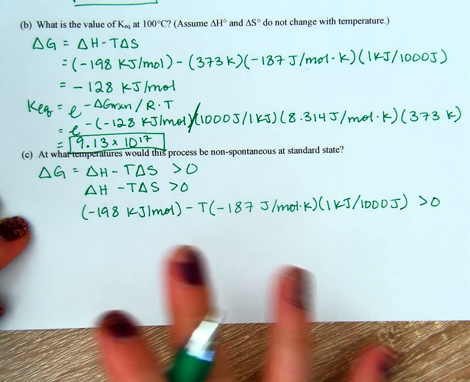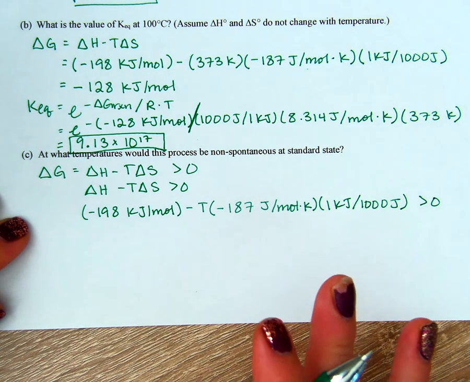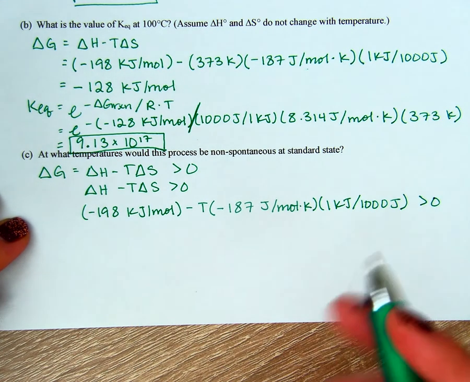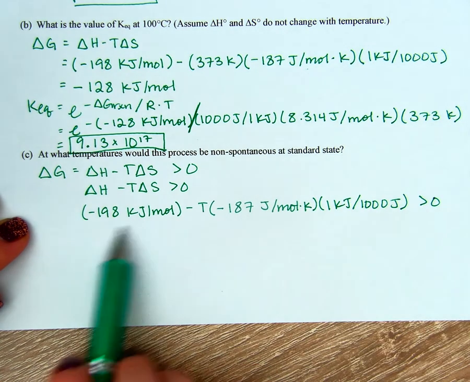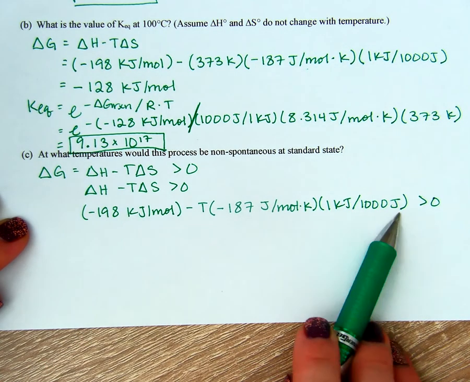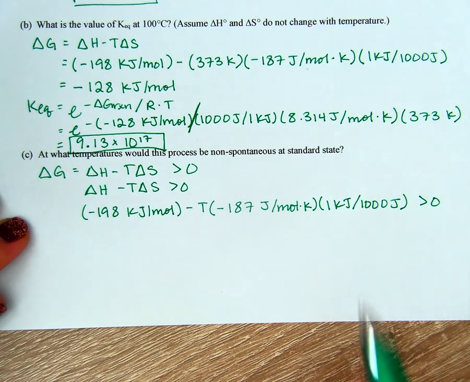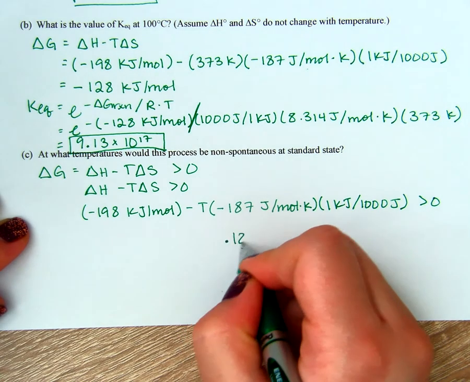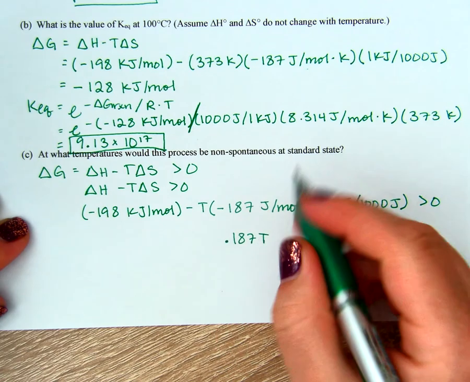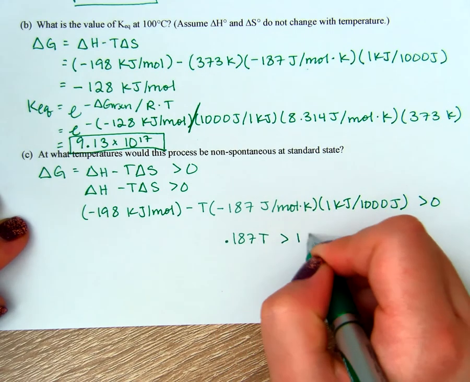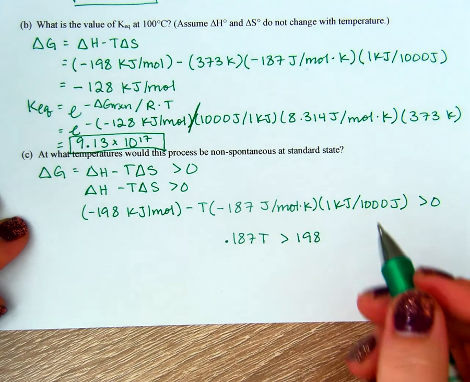So I want to go ahead and start rearranging this. So I want to add 198 to each side here. And when I add 198 to each side, get rid of this one on this side. This side will have plus 198. I'm going to end up with 0.187 T. That's going to be greater than the 198 I added to both sides, just using algebra.